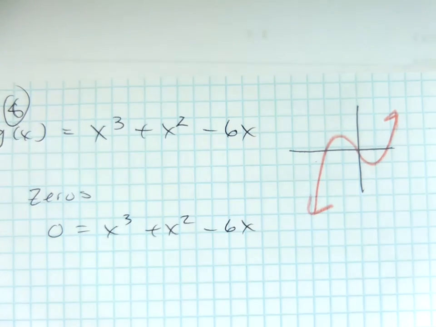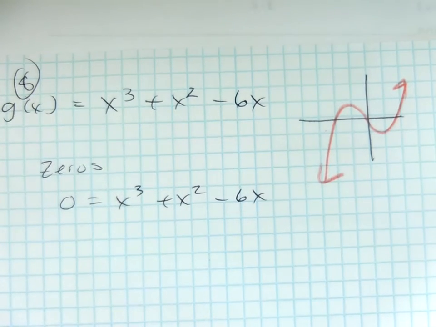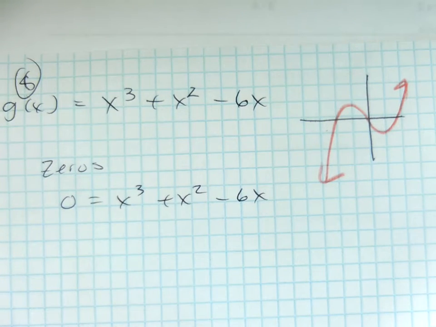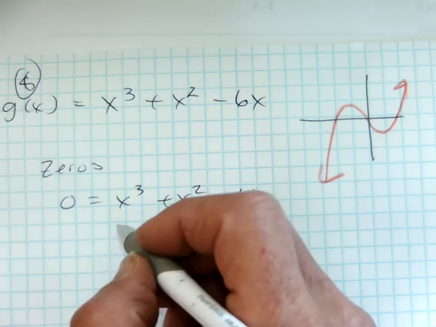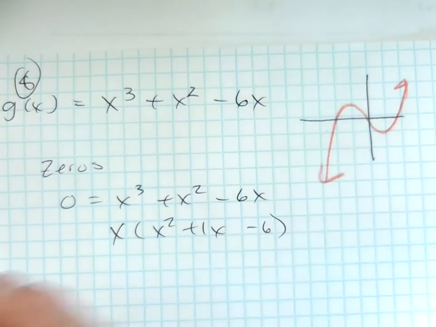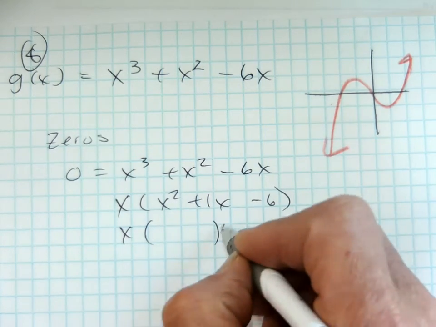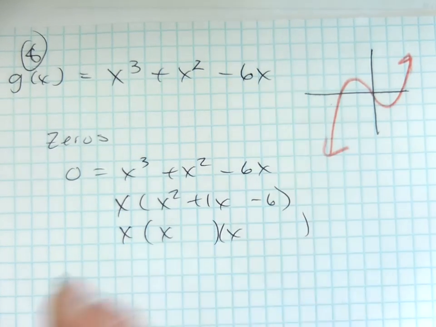And what would you do? Can we make it easy? Take out an x. Yeah. And I got x squared plus 1x minus 6. Good. And then what? Yeah, x and x, and how about a positive 3, negative 3?